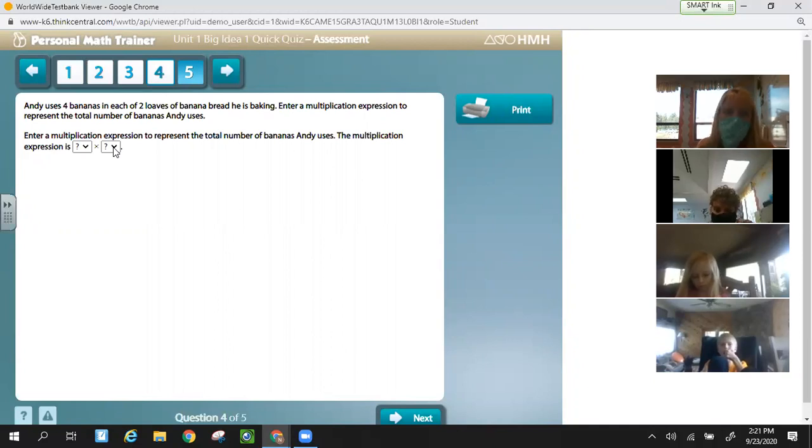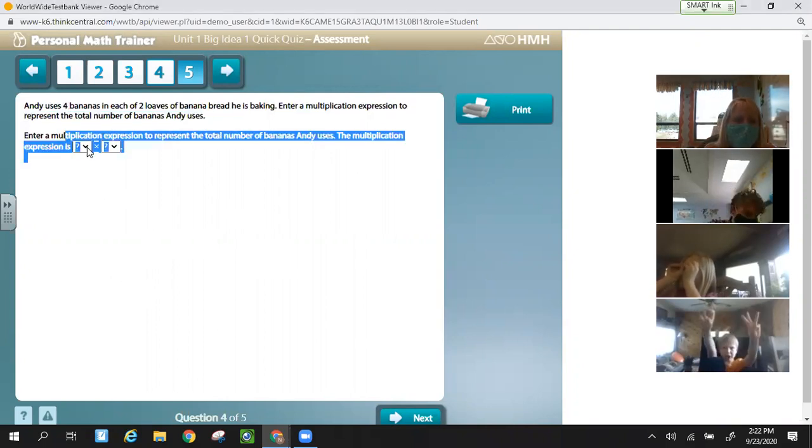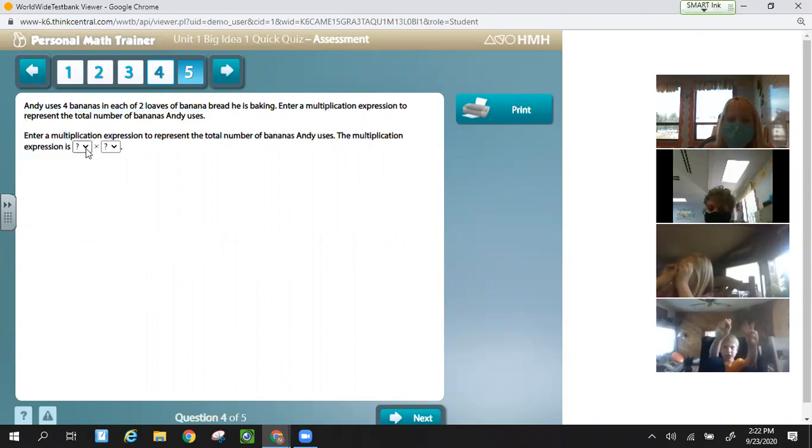So most of you knew you wanted to say 4 bananas. 4 bananas times 2, or 2 times 4, right? Because those are your 2 factors. We wanted to know the total. If we have 4 bananas and 2 loaves, I'm multiplying to find the total. I'm not dividing because it even told me I'm multiplying. So we have a 4 and we have a 2. But this is what happened when I was coming around, people were confused.